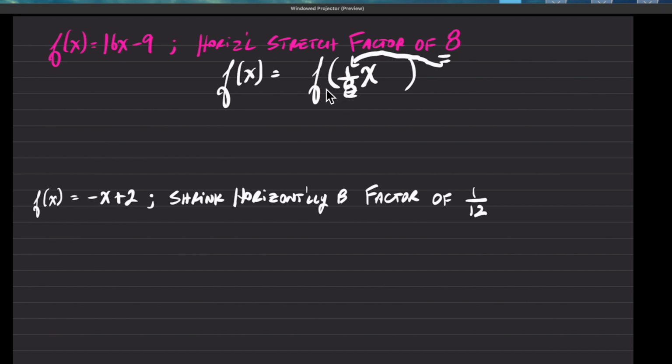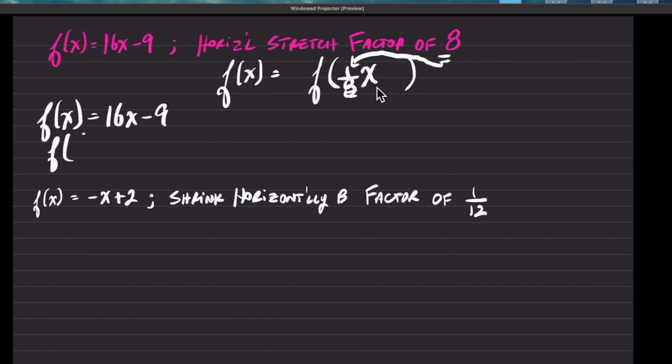Okay, now that we have our theoretic transformation, we're going to take the real world and we're going to do f of 1/8 x. What does that mean? That means that wherever we see x in f of x, we're going to replace it with 1/8 x. Okay, so here we have original f of x equals 16x minus 9.